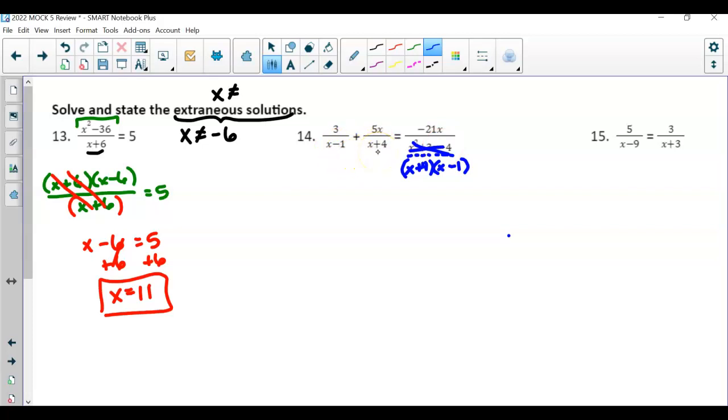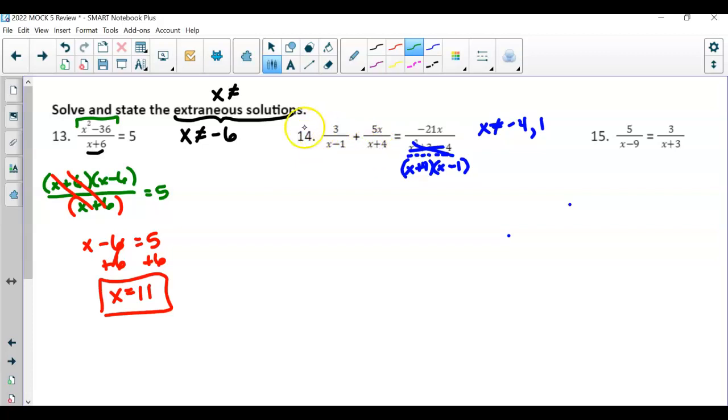So before I continue, what can x not equal according to our factors in the denominator? Negative 4 and positive 1. So keep that in mind. These are both extraneous. Now I'm going to get these 2 denominators to be the same here to cancel out.